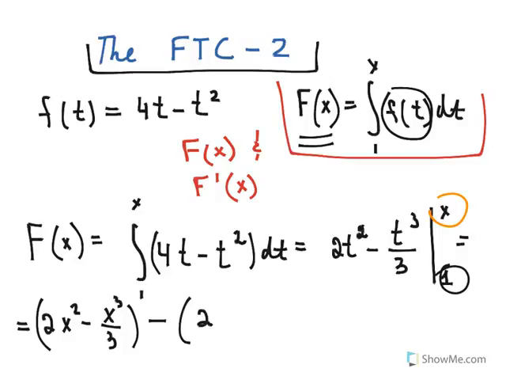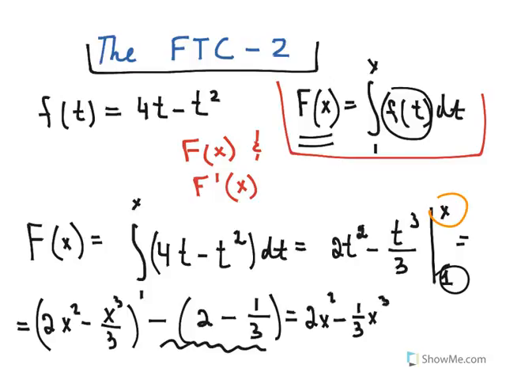That would be 2 times 1 squared is 2, minus 1 cubed over 3. Okay. So now I get 2x squared minus, I just want to make it pretty, 1/3 x cubed. Now, if you distribute the negative, you'd get negative 2 plus 1/3, you're going to get negative 5 over 3.